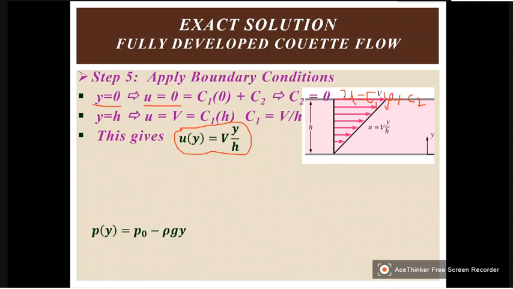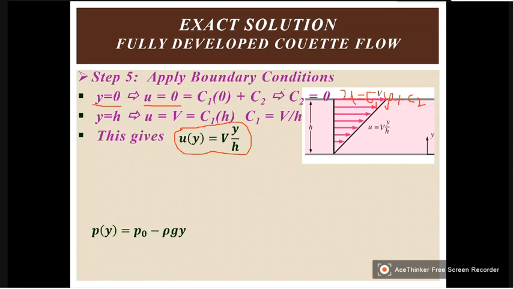So that means if this is the bottom plate, fixed, and this is the top plate moving, the velocity will vary from the bottom plate to the top plate in a triangular distribution. This is a linear variation. U is equal to V y by h.